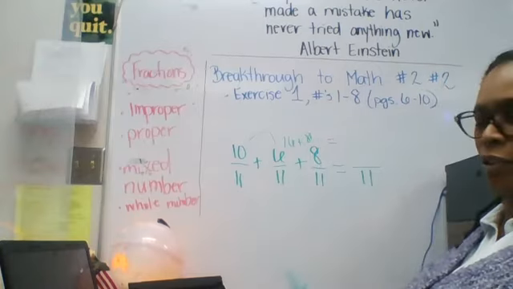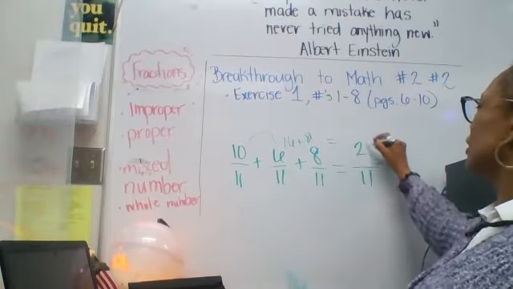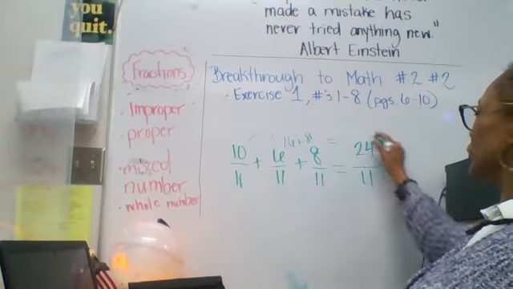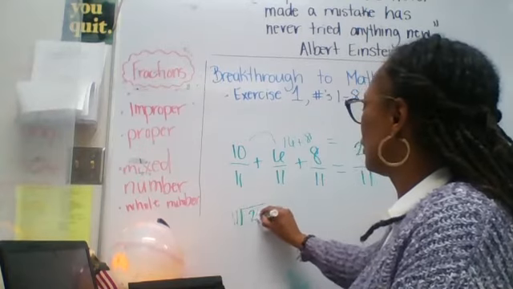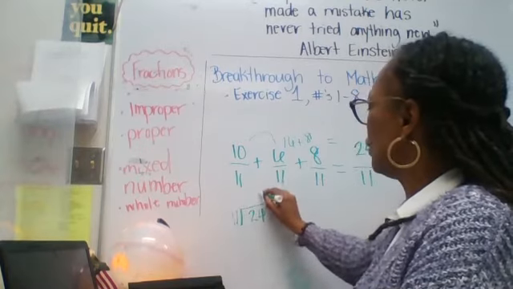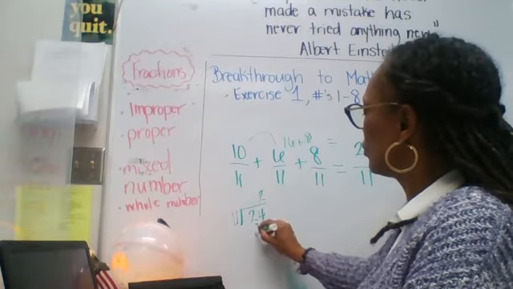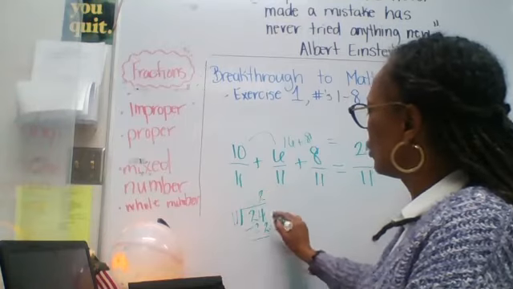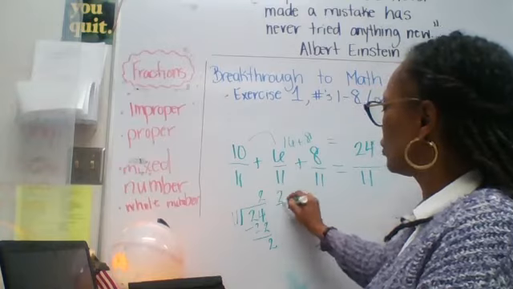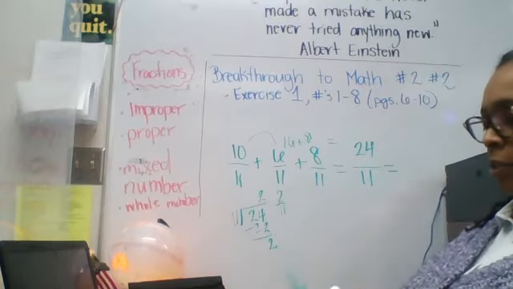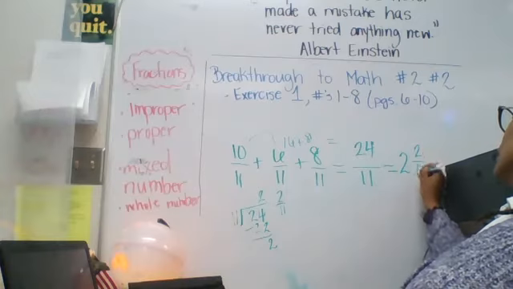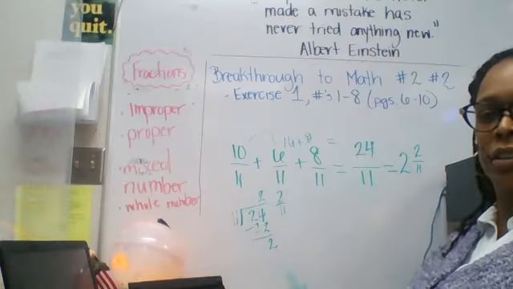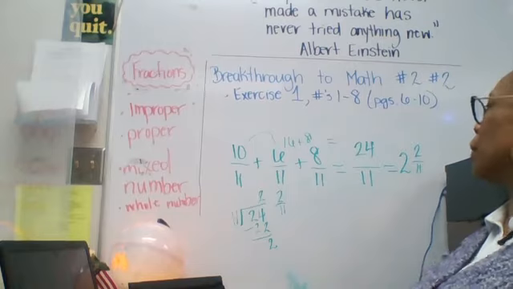Can you do that now? 24, you're right. So 24 over 11 means that improper number, we can't leave it like that. So we know that 2 elevens is 22. That gives us, my marker is weird, but okay, 2 and 2/11 is what it leaves us with.